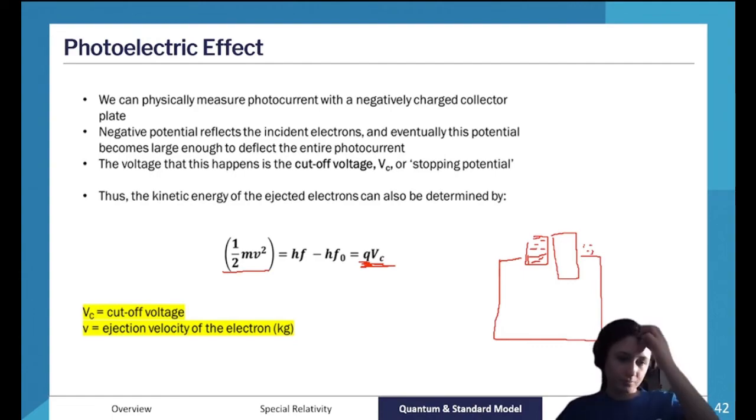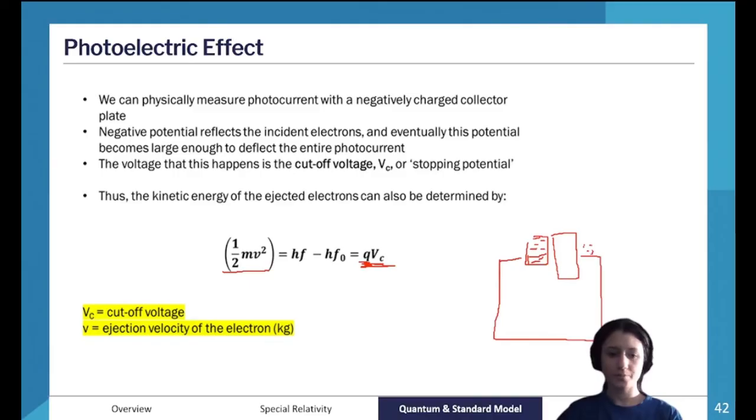So I just want to quickly get into an important thing that you need to understand about the stopping voltage. Typically you see a graph of the stopping voltage, and you just need to understand what values actually affect the stopping voltage and what don't.